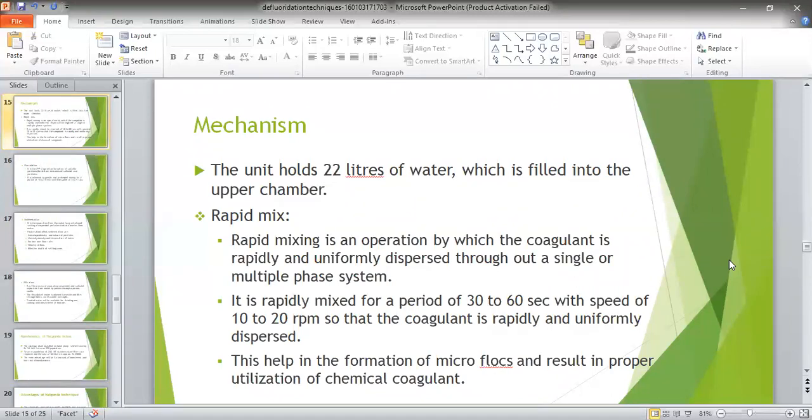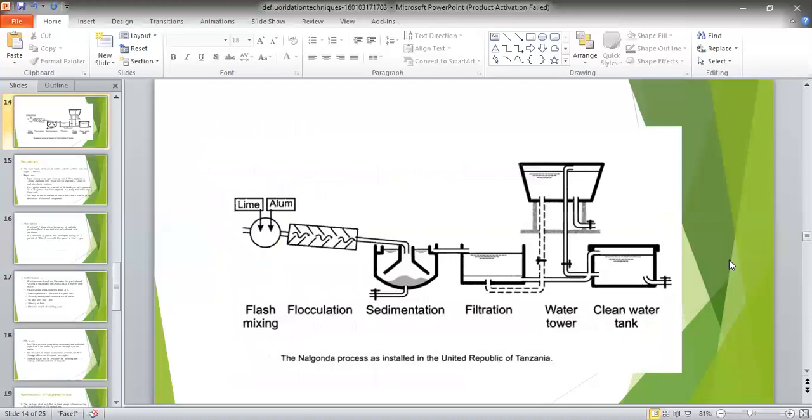Okay, Dr. Nabil, please show the picture. Okay, in the upper chamber, we will put 22 liters of water. Back to the slide.